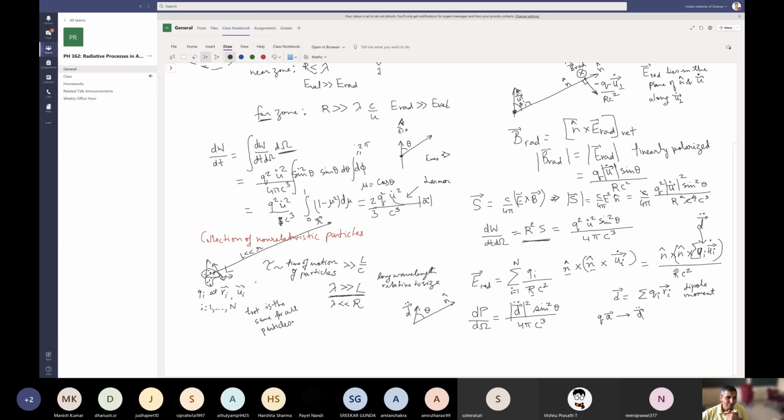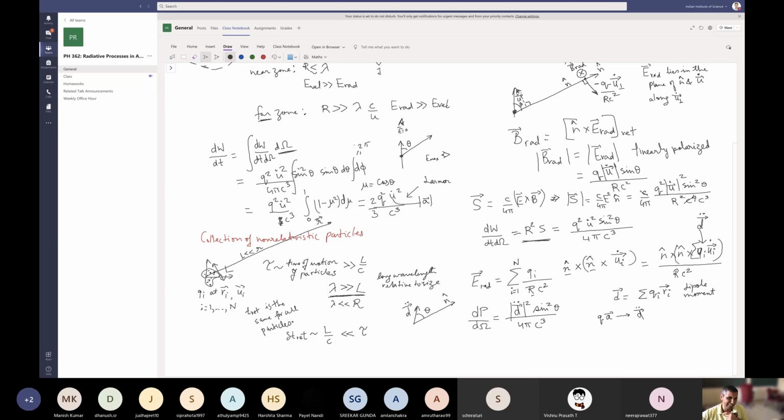But we are assuming that the wavelength is much bigger than the size, so delta t retarded between these particles is of order L/c, where L is the system size, and we are saying that this is much less than tau, the time scale for oscillation of the particles.